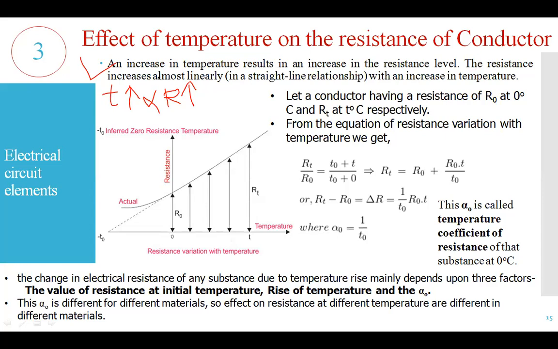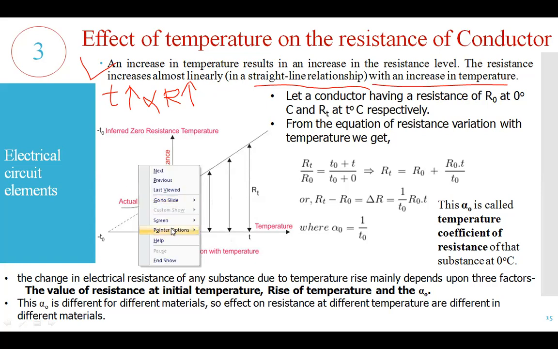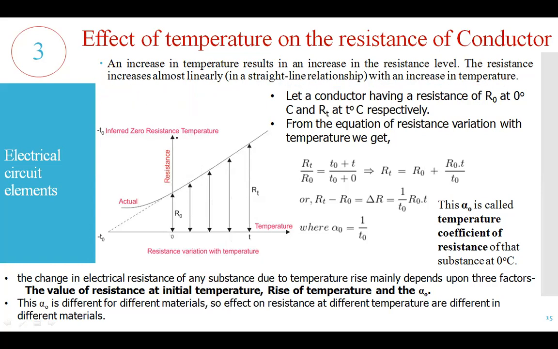The resistance increases almost linearly, that means a straight line with the increase in temperature. If we talk about this characteristic, on the y-axis you have the resistance, and on the x-axis you have the temperature.